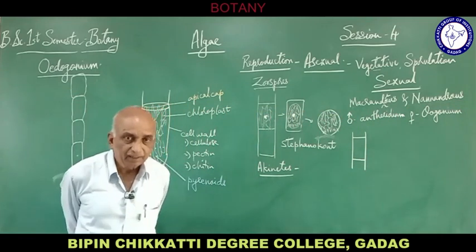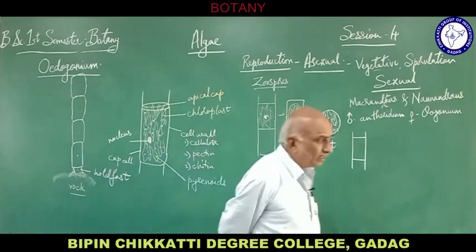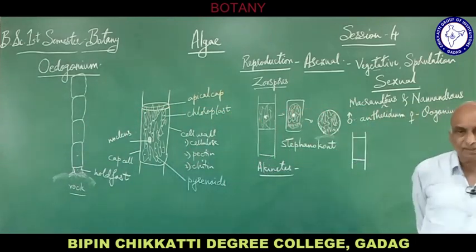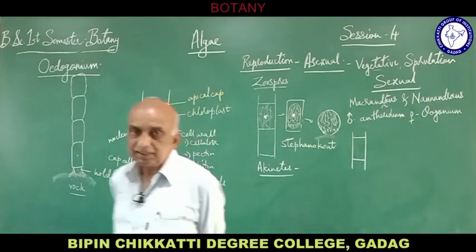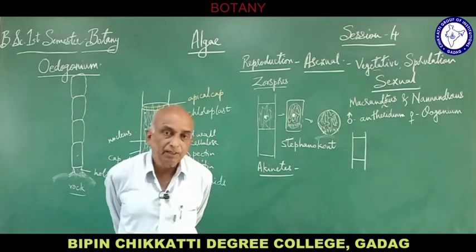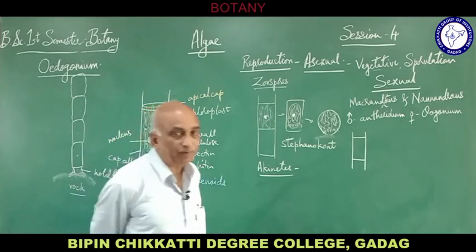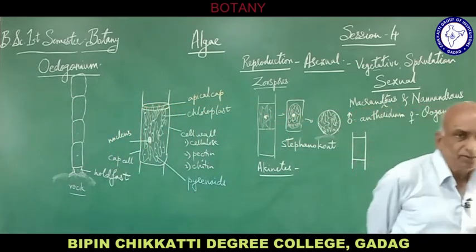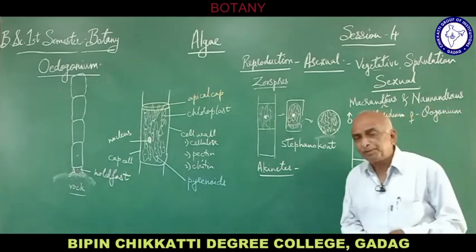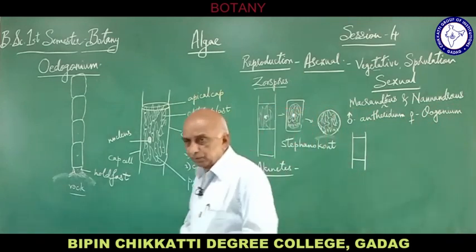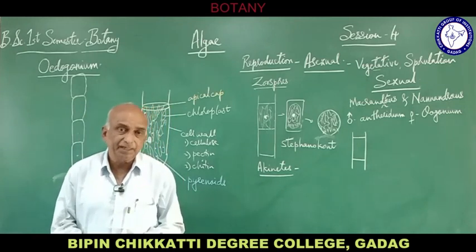That is monoecious. And there are also Idogonium species where the Anthridia and Oogonia are produced on separate filaments, on different filaments. That is dioecious. So dioecious means the separation or the production of the Anthridia, the formation of the Anthridia and the Oogonia on separate filaments. So we come across both types of filaments in Idogonium. The Idogonium may be monoecious or dioecious. So even in Macrandrus, there may be monoecious type and there may be dioecious type.